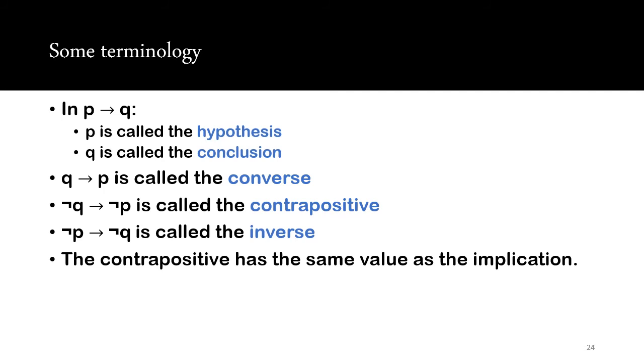Not Q implies not P. That means the only time it's false is when Q is false and P is true. Which is the same as the implication. Wow, isn't that neat? Remember this for later, kids.